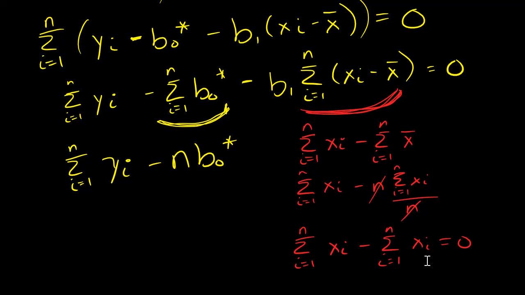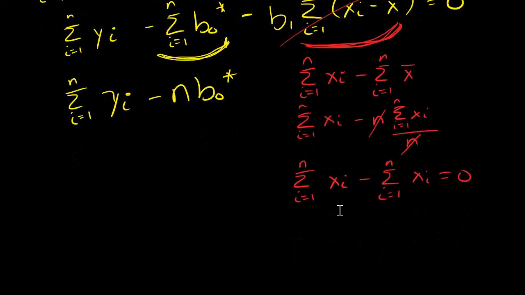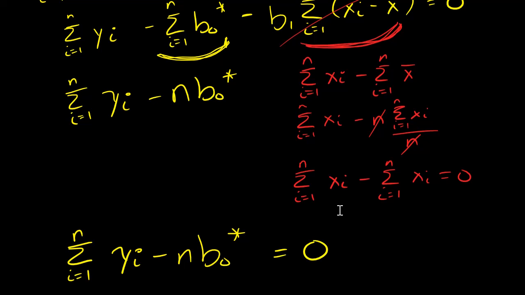So this back piece is 0. What am I left with now? I have the sum from i equals 1 to n of y_i minus n times b0 star equals 0.